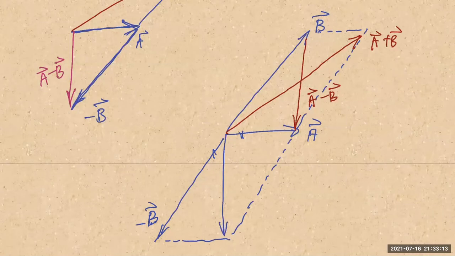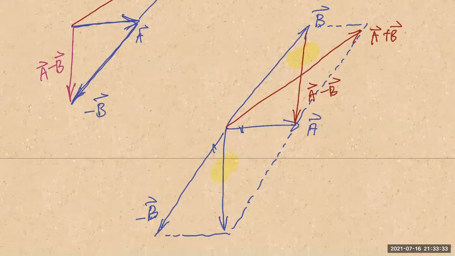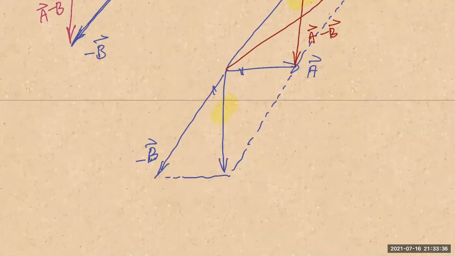But this one and this one, they're really the same, just a transposition of the vector. And therefore, you can think of A plus B and A minus B as two vectors. One of them is a diagonal of the parallelogram. The other one is the other diagonal. It's just that simple. Okay, so that's how we do vector addition and subtraction using graphics.